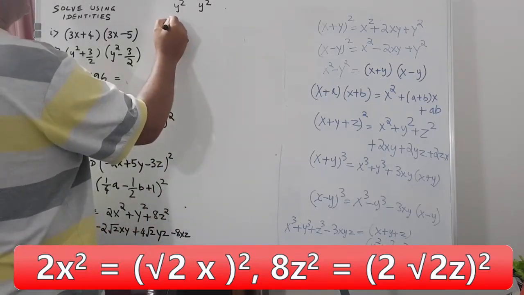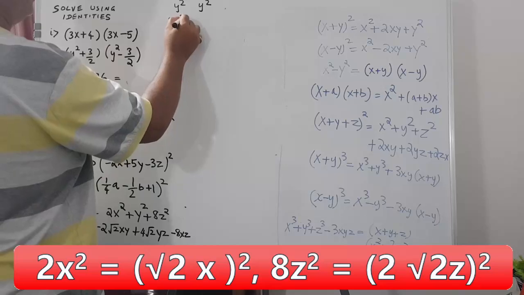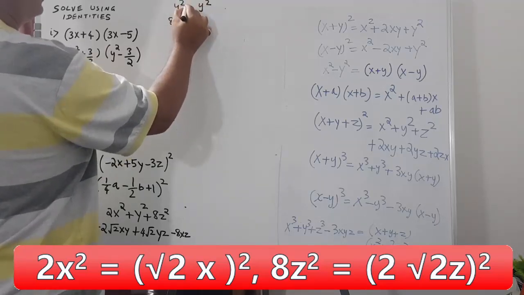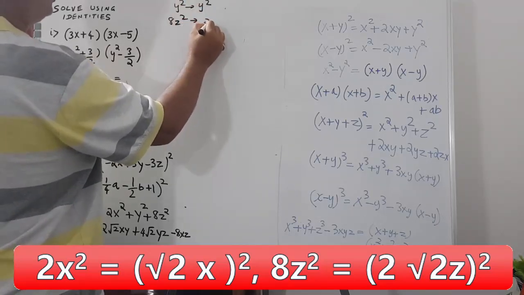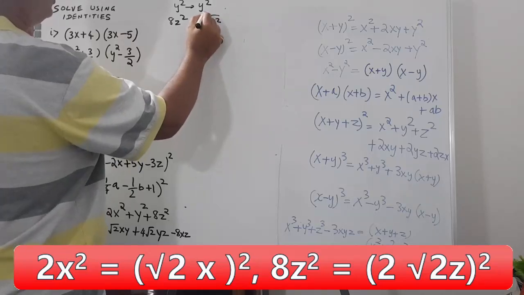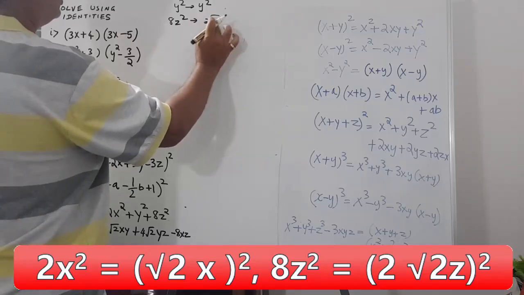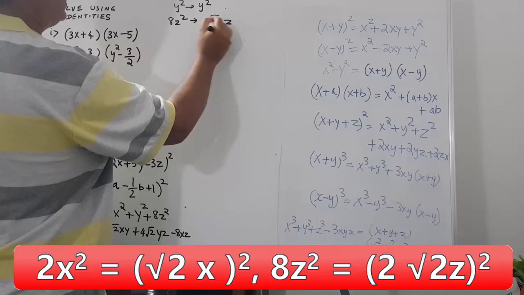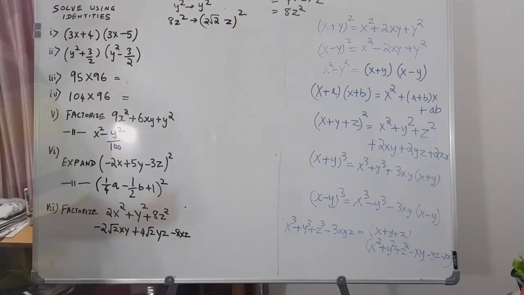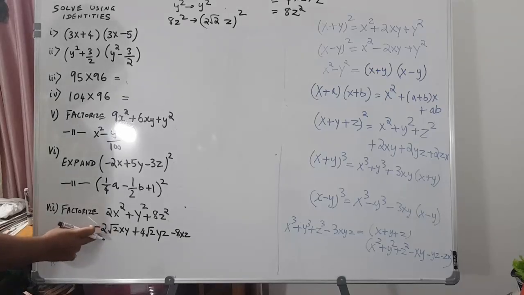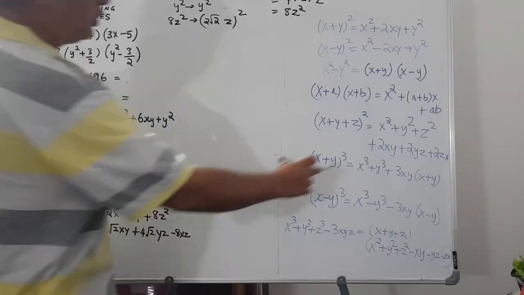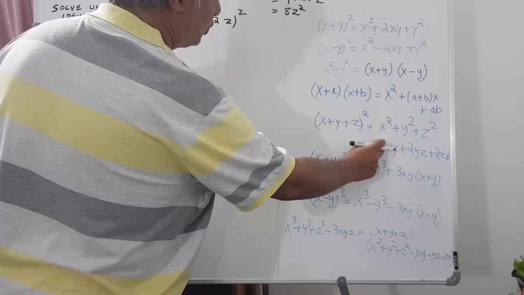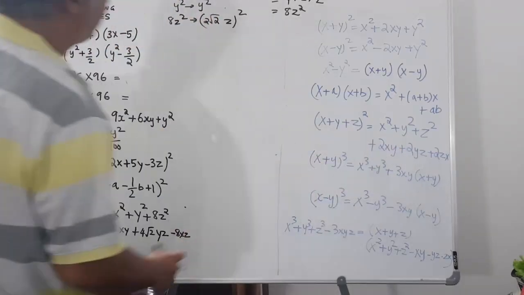Okay, 8z squared can be written as 2 root 2 z whole squared. And if we look at the other terms, we have here 2 root 2 into xy, but we have a minus sign here. So instead of 2xy we have 2 root 2x, but y there is a minus sign here.